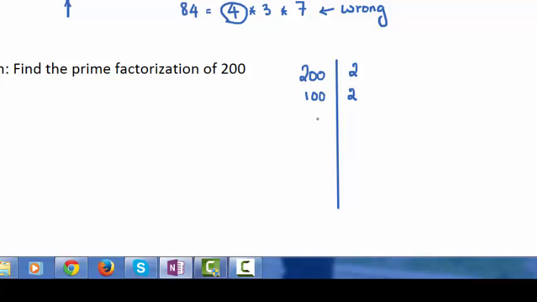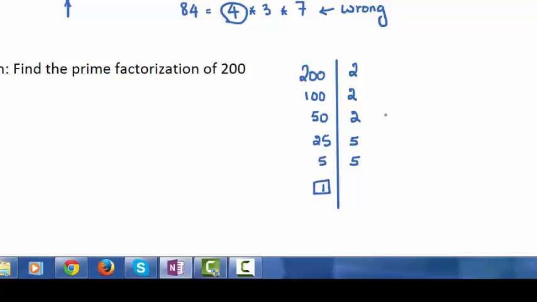Divided by 2, yes, it's 50. Can I divide by 2? Yes, 25. Can I divide by 2? No. By 3? No. 4 I cannot because it's a composite number. By 5? Yes. Here 2? No. 3? No. 4 I cannot. 5? Yes, it's going to give me 1, the last number.